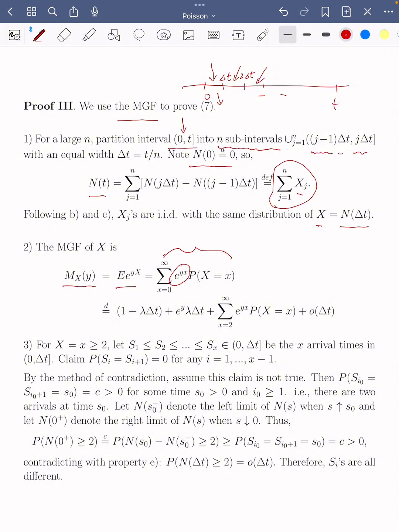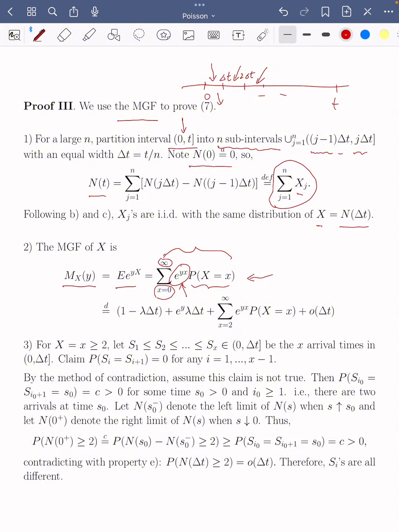For any given value y, since x ranges from 0 to positive infinity, e to the y times x can be very, very large. So in order to have a finite summation, since this term is very large, we have to show that this term must be very, very small. This is the major difference between the moment generating function and the characteristic function.